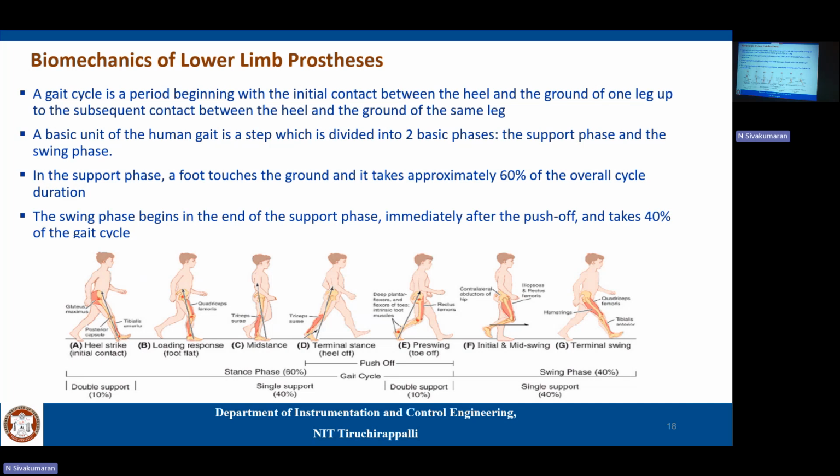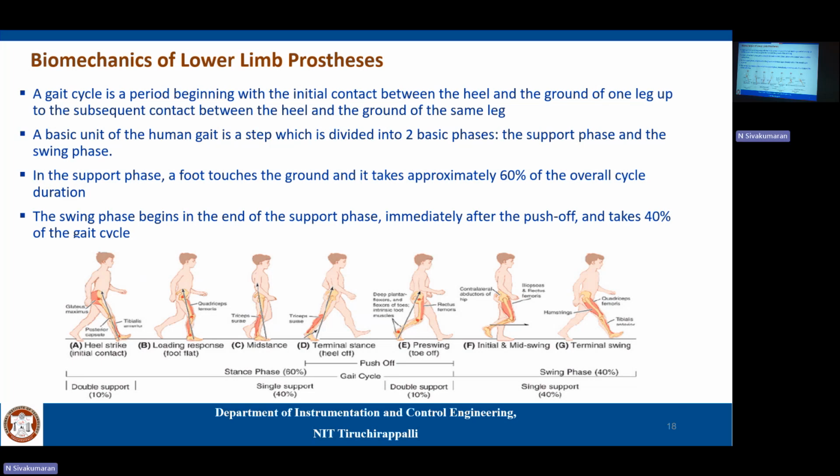Here they categorize it like this. This is heel strike. When we start from here, heel strike, then till the next heel strike, this is again the next. From heel strike to heel strike is one cycle, one gait.